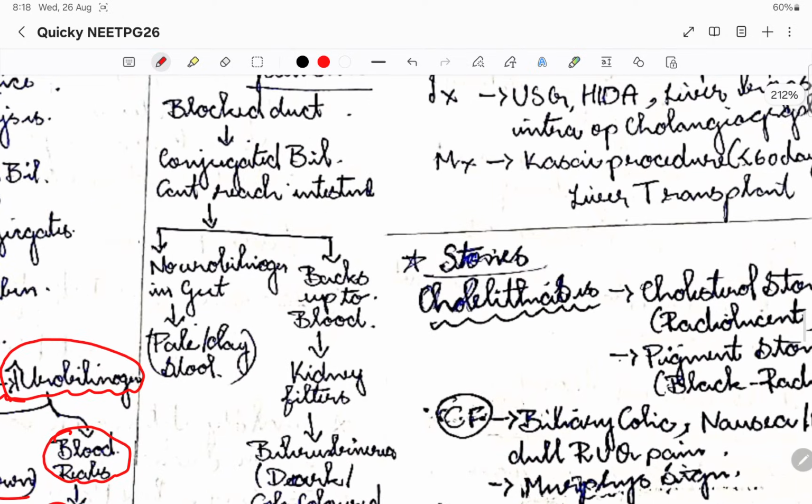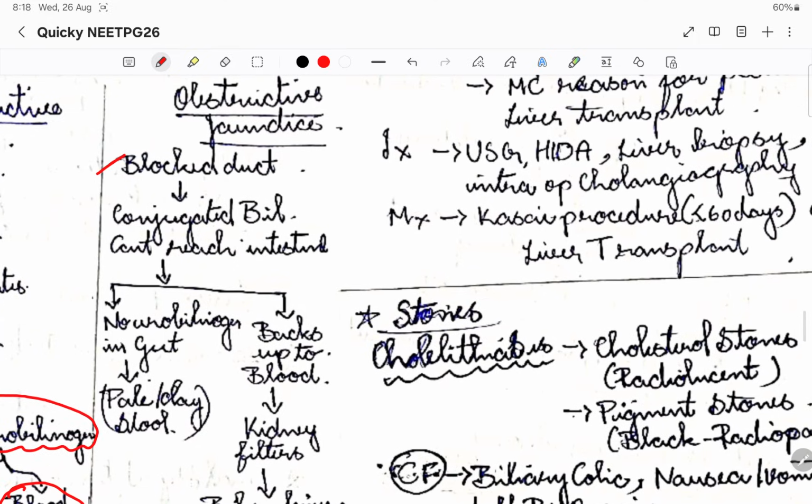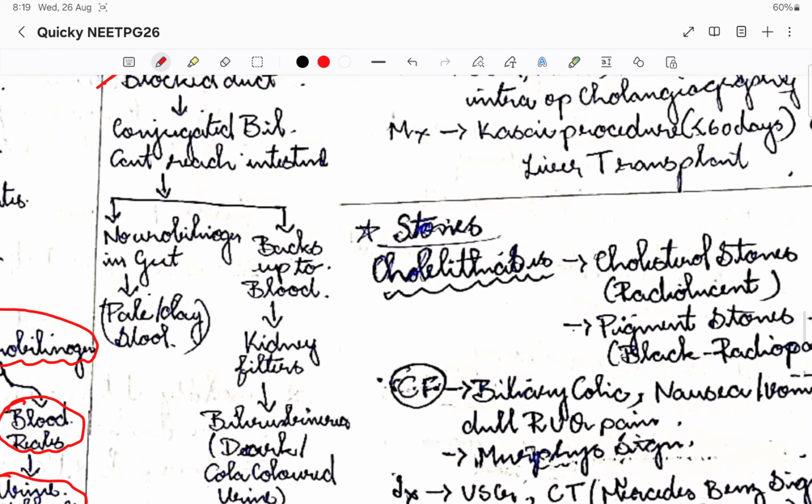Whereas in obstructive jaundice, there is a block in the duct, right? So conjugation and all is normal, but there is a block in the duct. So this conjugated bilirubin cannot reach the intestine, because there is a block in the cystic duct or the choledochal duct. As the bilirubin is not reaching the intestine, there is pale and clay colored stool.